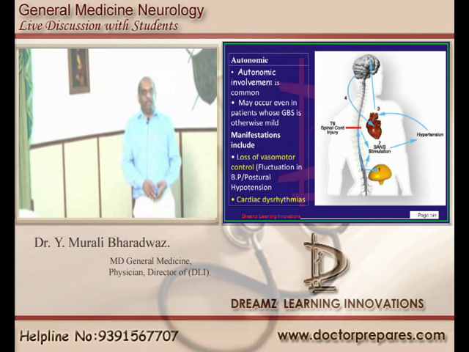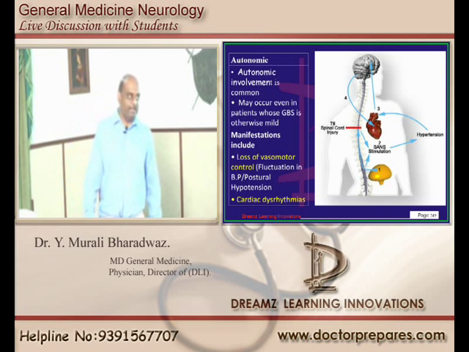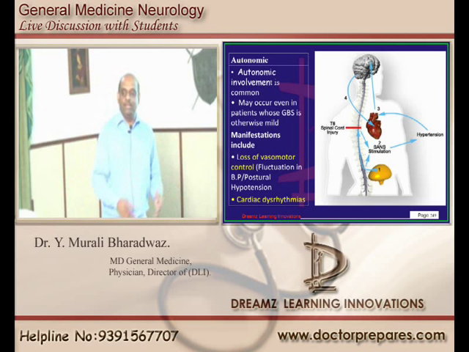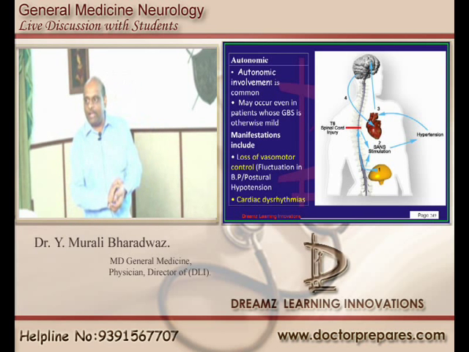What is the treatment for Guillain-Barre? Plasmapheresis. What will you have to do for plasmapheresis? Take out 2 liters of plasma, clean it, and push 2 liters back. In a person with autonomic dysfunction, to extract 2 liters of plasma and control the pressures, don't you think it is challenging?